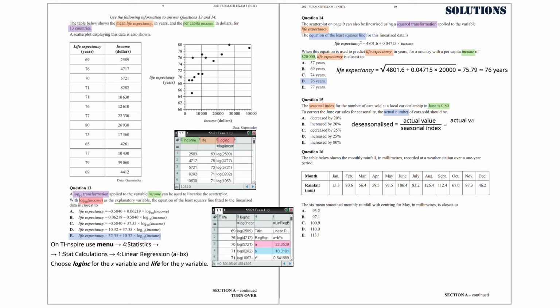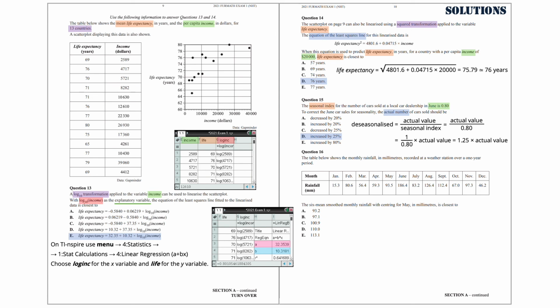So in this case, the actual value is divided by 0.8, which is the seasonal index for June. We are going to separate these two values, so we have 1 over 0.8 times the actual value. If we divide 1 by 0.8, that gives us 1.25 times the actual value, which means that the actual number of cars sold should be increased by 25%. So the answer for this question is option D.